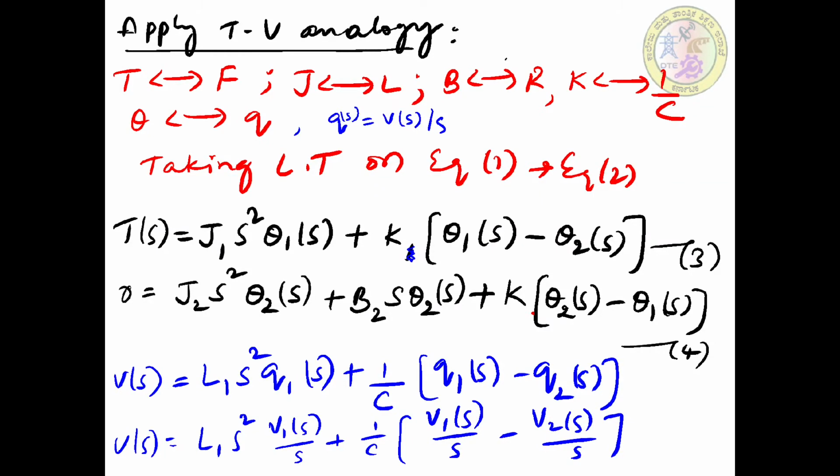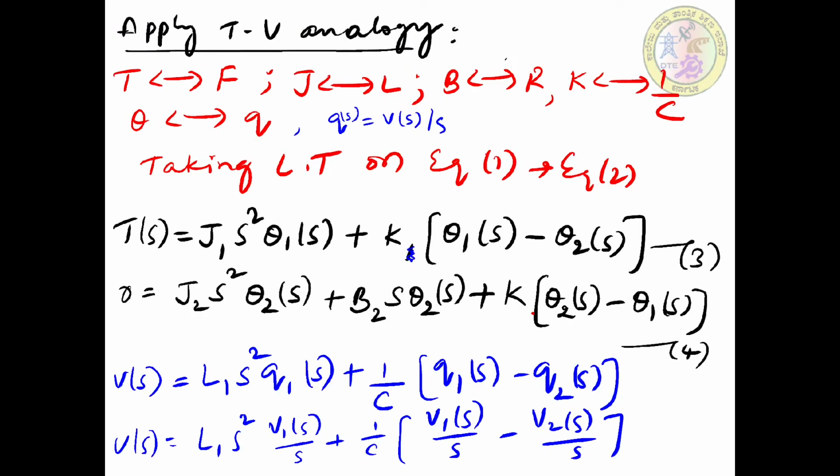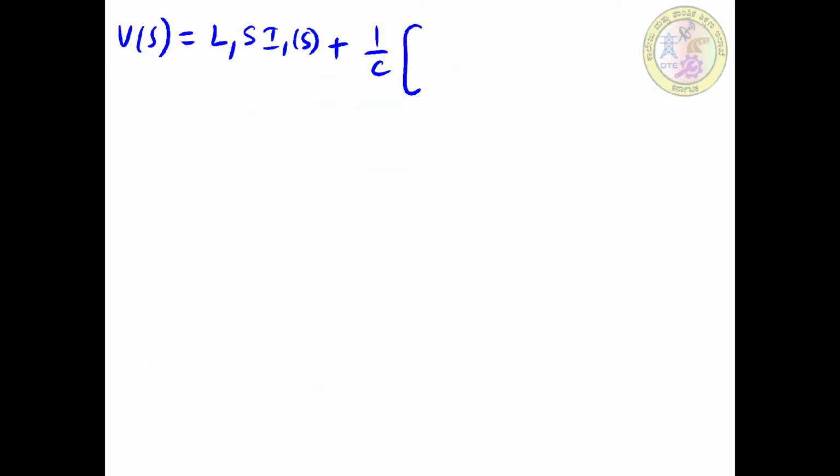Then V of s will be simply L1 s into I1 of s plus 1 by C into, here one s gets cancelled, so we will write the terms as they are, 1 by C into I1 of s.